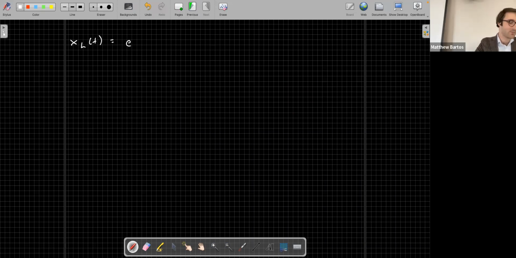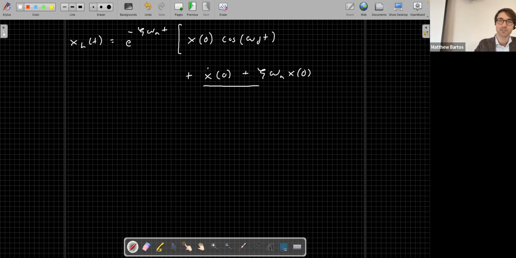Our homogeneous solution is given by e to the negative zeta times the natural frequency times time, all times x0, our initial displacement, times cosine omega d t, plus x dot 0, our initial velocity, plus zeta omega n times our initial displacement, all over omega d, times sine of omega d t. Okay, so this is our general homogeneous solution.